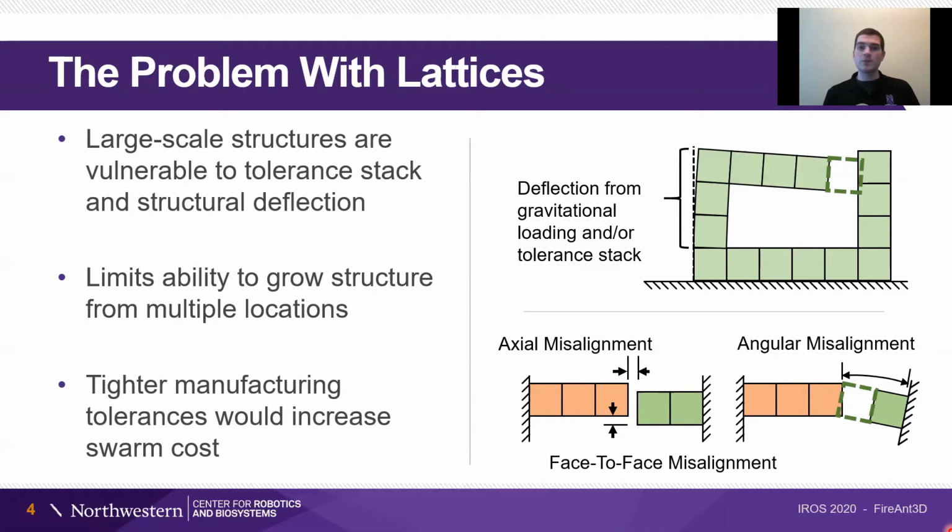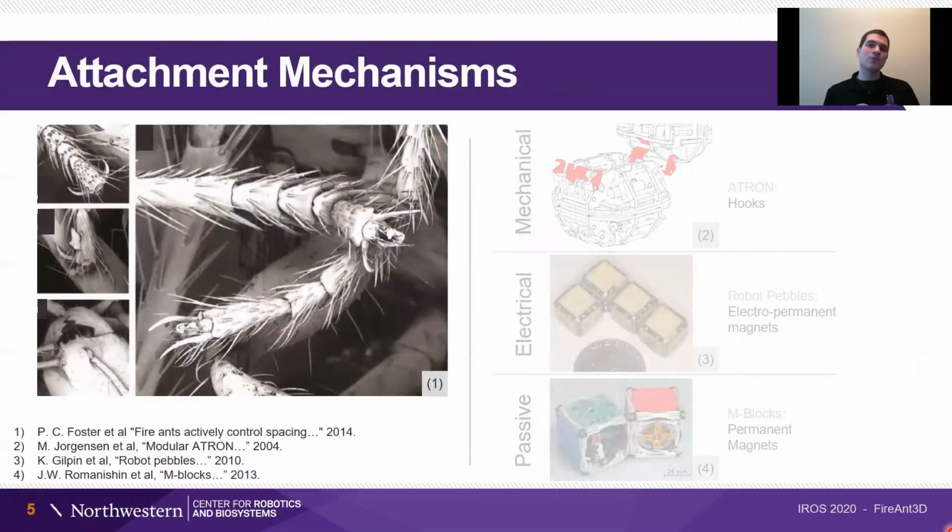These issues could, of course, be addressed by tightening up manufacturing tolerances of the robot or increasing robot capability. But if you're building thousands of these robots, you want to minimize cost, and both of these options would increase cost. The reason that robots go with these lattice structures and insects go with freeform structures really comes down to the way in which they attach to their neighbors.